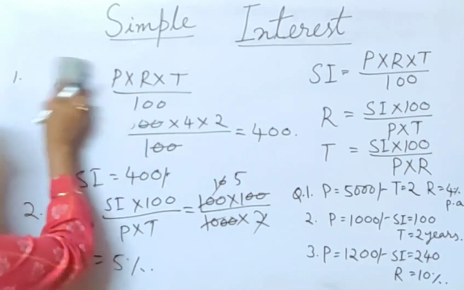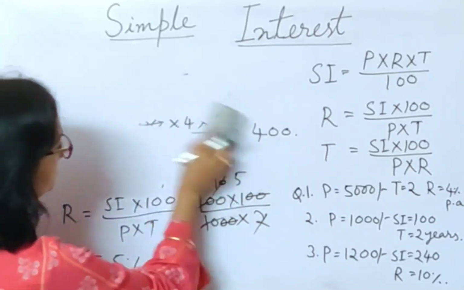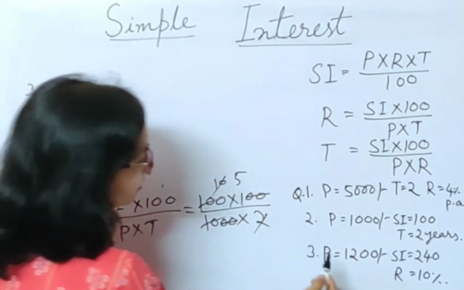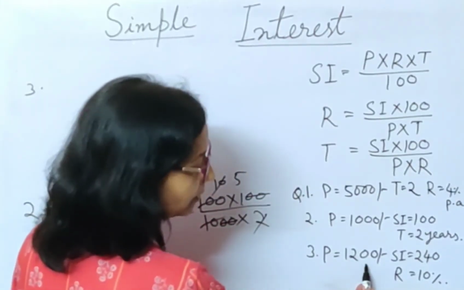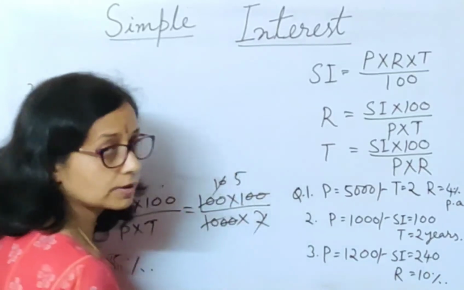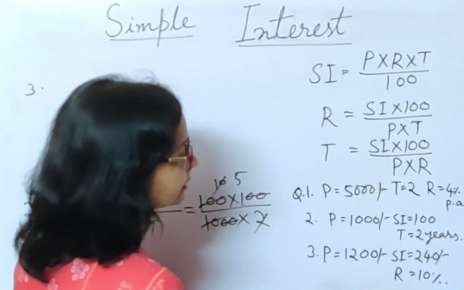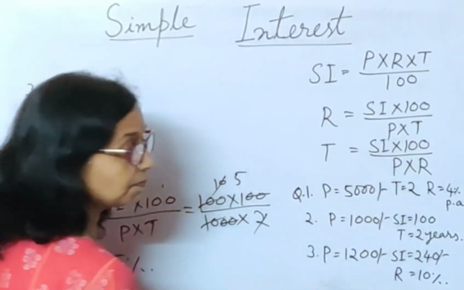Now let us do the third question. Principal amount is given as 1200, simple interest is 240 and rate of interest is 10%. So we don't know the time period, and we need to find it.